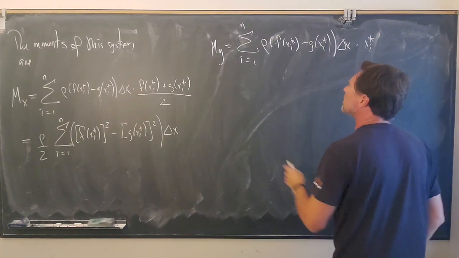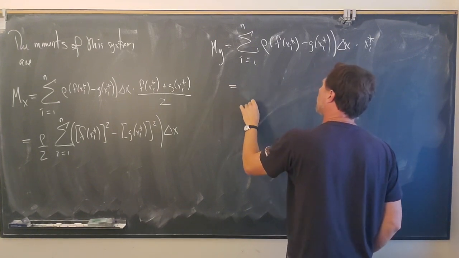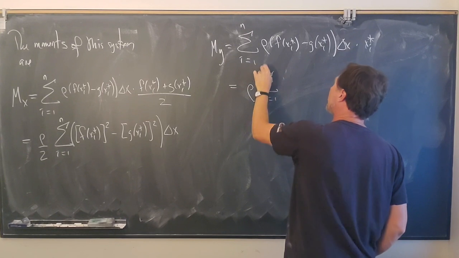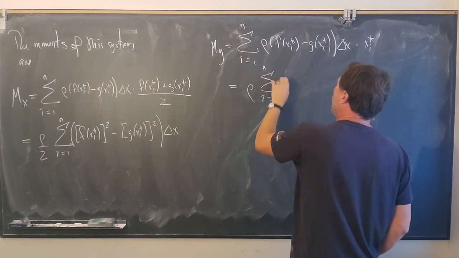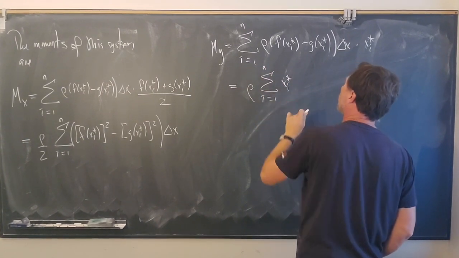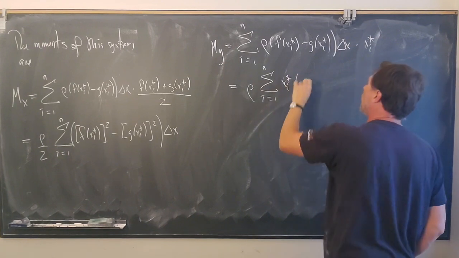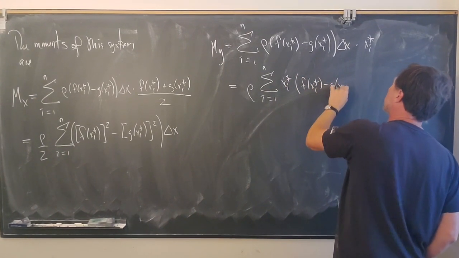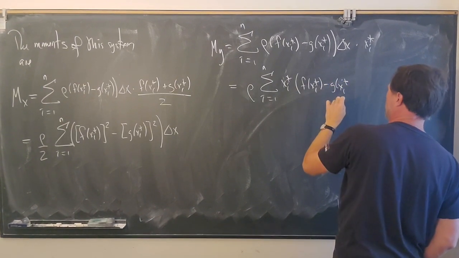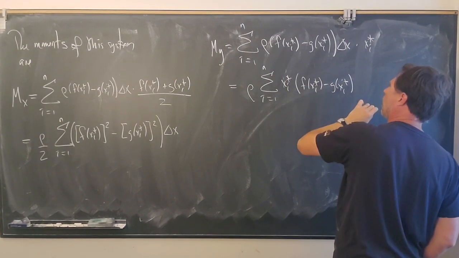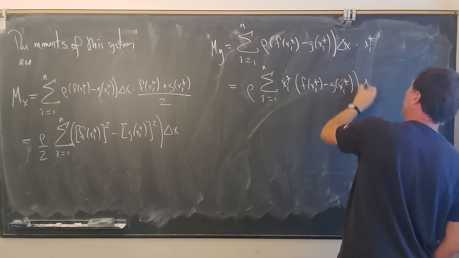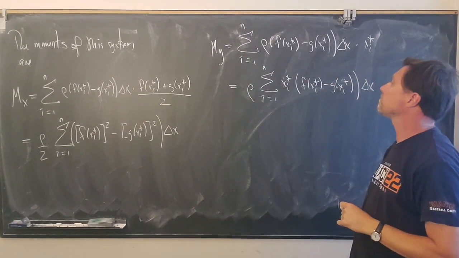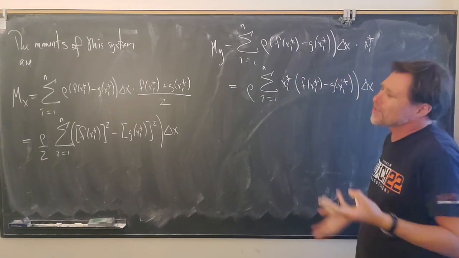And if we fix this up a little bit, let's take the constant out, and so we'll get the sum from i equals 1 to n of xi star times f of xi star minus g of xi star times delta x. So here's the moments. There's also the mass.